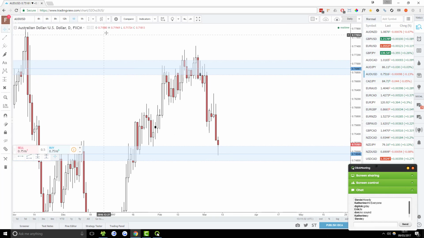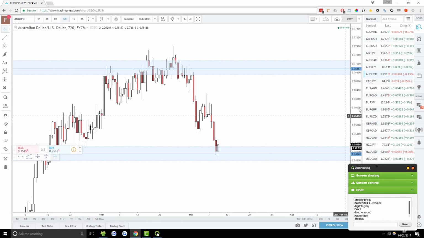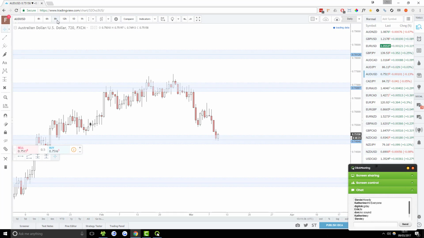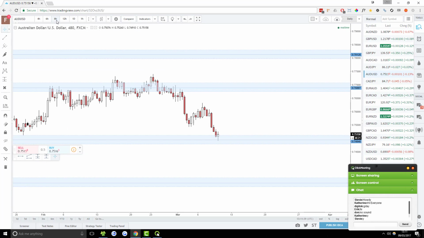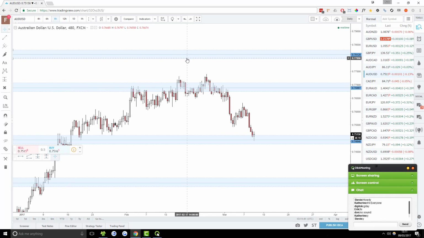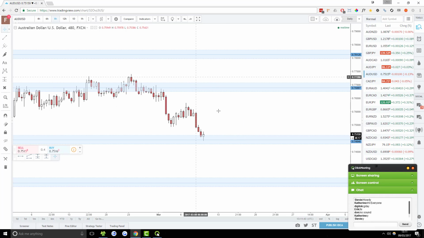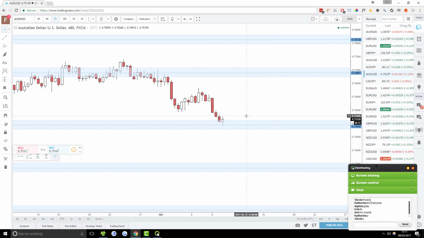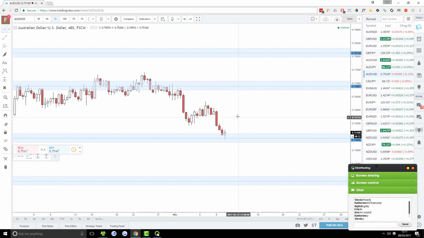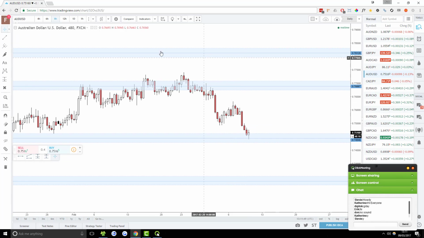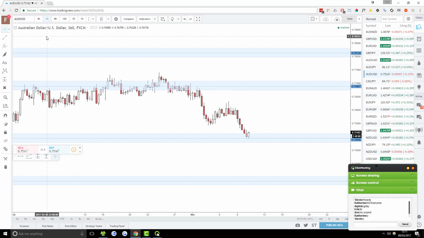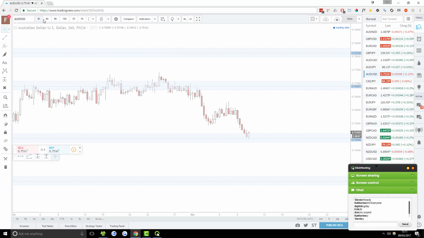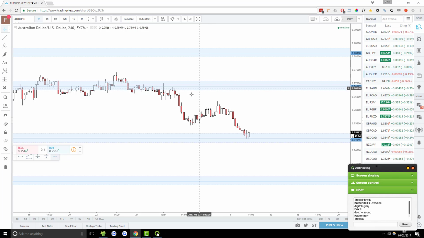That looks interesting. Maybe not on the daily. Maybe 8 hour. Hello, you cute little indecision candle. Okay, 6 hour maybe? No, 4 hour. It's clear that we have indecision here on the support area.